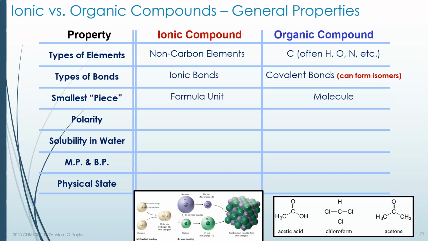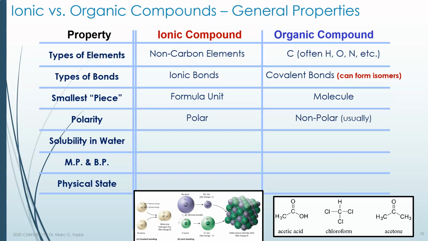The smallest piece, as we mentioned before, for ionic compounds, since they don't come in individual molecules, we call it a formula unit. They don't actually exist by themselves. It's just the simplest ratio of the two ions that make up that ionic compound. Whereas organic compounds, like other covalent compounds, are made of individual molecules.